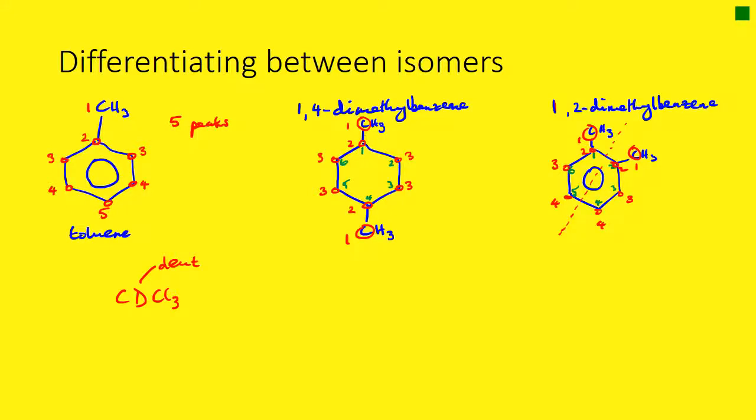Deuterium, spelled like that. And so this compound would be deuterated trichloromethane. And it would look like this. So the D for the hydrogen isotope there, and 3 chlorines, like so.